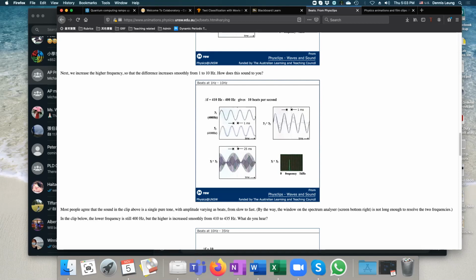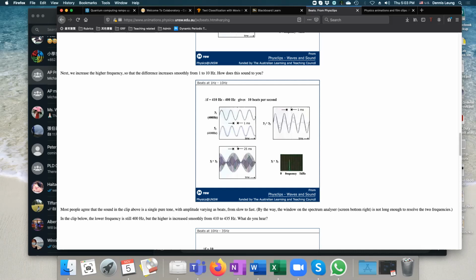Beats is referring to the periodic fluctuation in the amplitude of the resultant wave, because there is a slight difference of frequencies between the two sources.